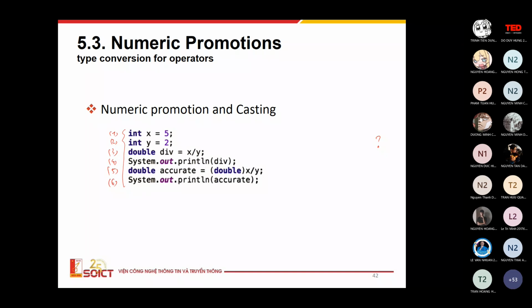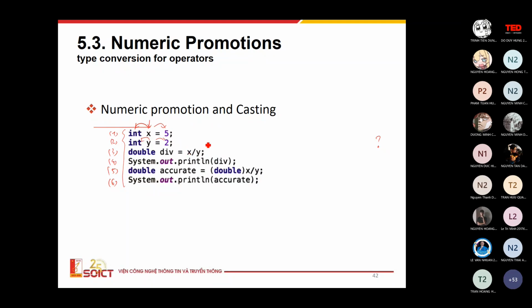Who can explain for me? The first line defines a variable named x with type integer and assigns it to 5. Okay. The second line, the same explanation as the first line, and after this line it will assign to 2.